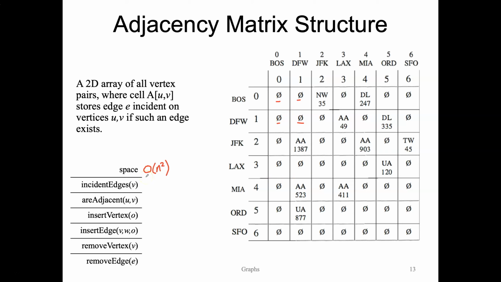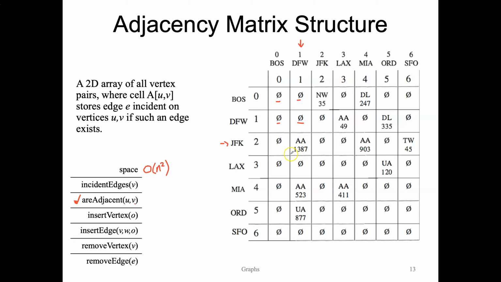But this will make some of our other operations, well, specifically it'll make checking if 2 vertices are adjacent faster. And the reason for that is we're given 2 vertices. Checking if 2 vertices are adjacent is done in constant time by checking, for example, if we want to see if JFK and DFW are adjacent, we'll check at the index corresponding to JFK and DFW, is there any edge stored in this cell, yes or no?